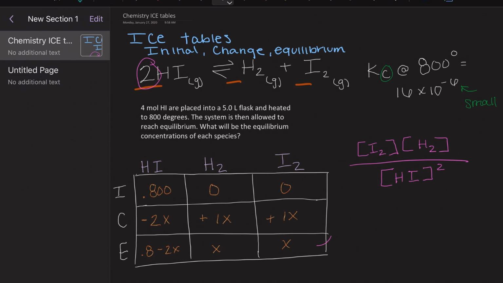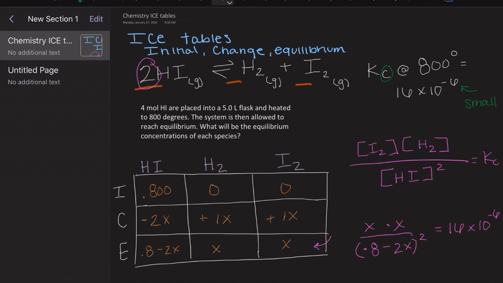Now, our equilibrium concentrations can just be substituted in. x times x over (0.8 minus 2x) squared. And we know that this is equal to Kc, which is 16 times 10 to the negative 6th.